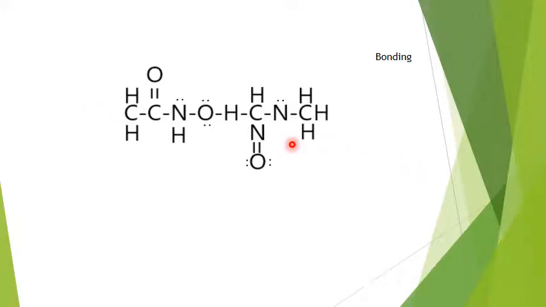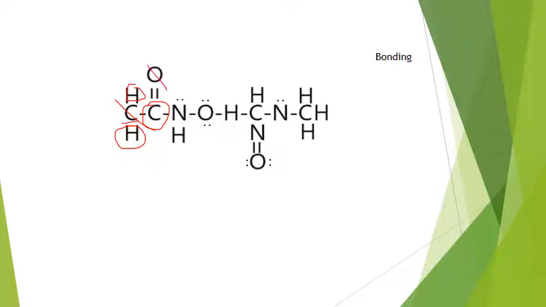So let's look at each one. I'm going to switch over to a pen. All right, hopefully this works out. I'm going to look at this carbon here, and this carbon has 1, 2, 3 bonds, so this is a bad carbon. This hydrogen and this hydrogen both have 1 bond, so they're both good.